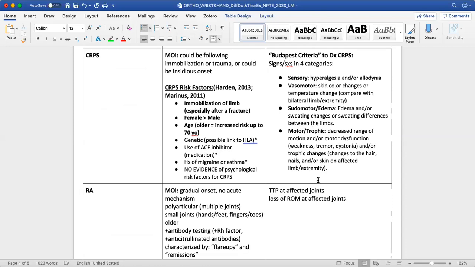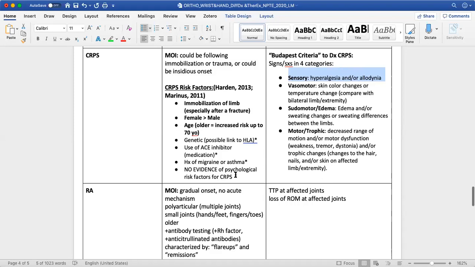But what that is going to look like is a limb that is abnormal. It looks abnormal. So it's either swollen, too hot, too cold, could be maladaptive or uncommon sweating. But this is really going to be the key in CRPS, is going to be the hyperalgesia and allodynia. So the hypersensitivity.